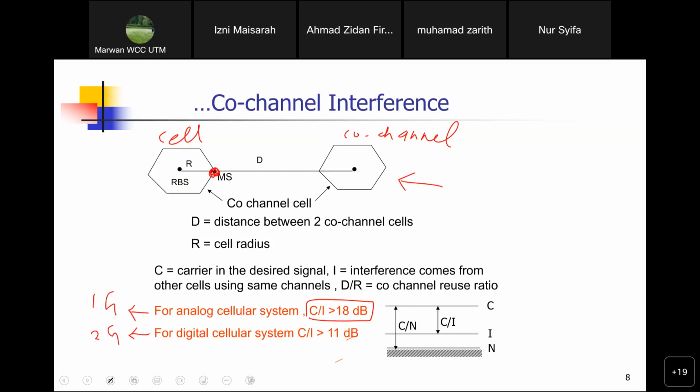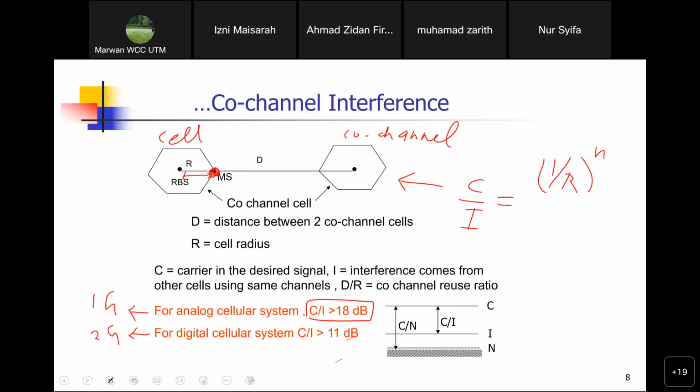C over I is given by 1 over R to the power of n.